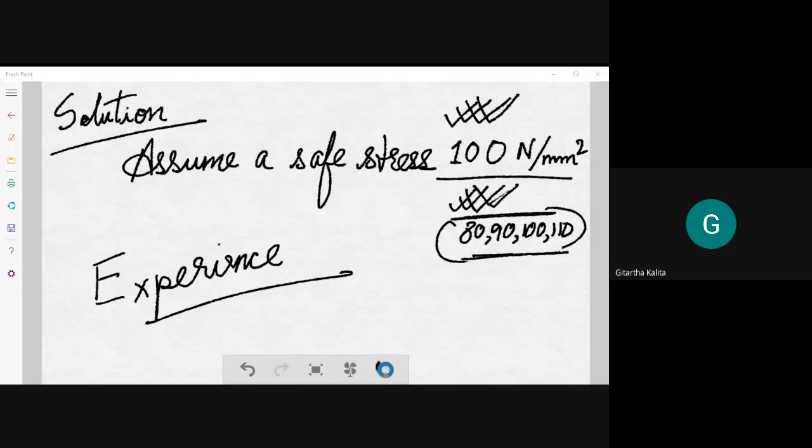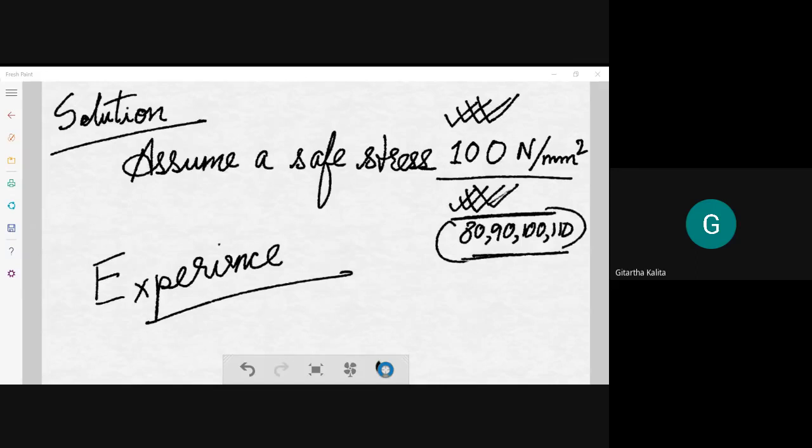People who have been doing designs a lot, maybe in the field, or writing books or doing research, after doing lots of problems, lots of numericals, lots of case studies, this opinion has formed that we can take a safe stress of 100 or 80 to 110.